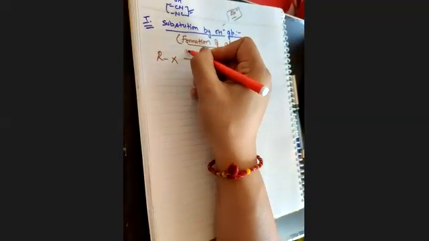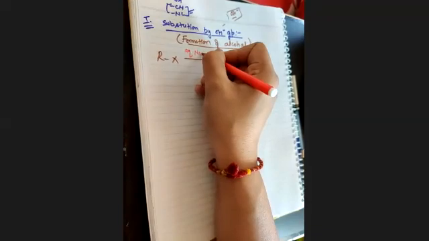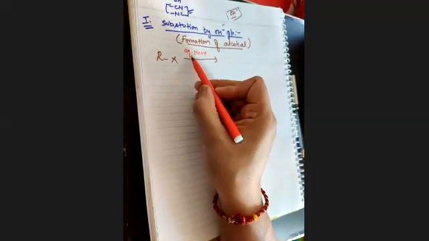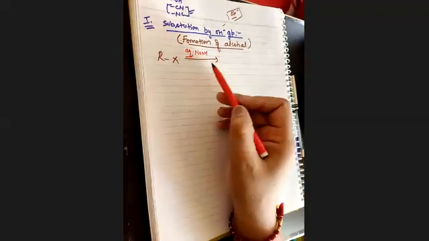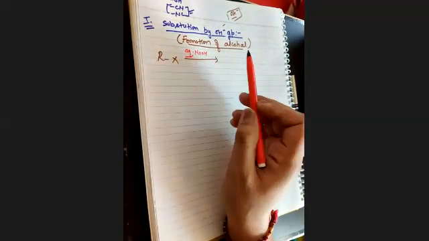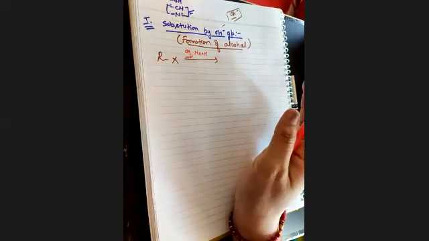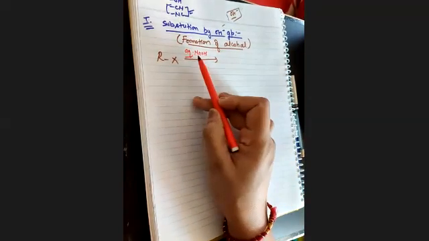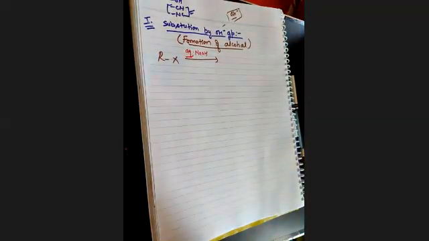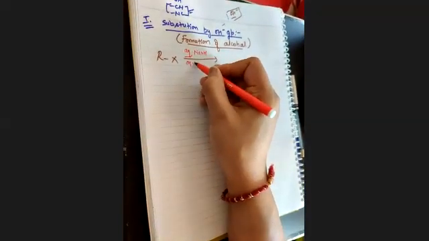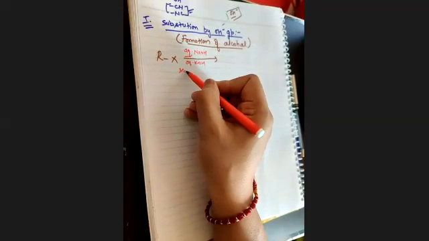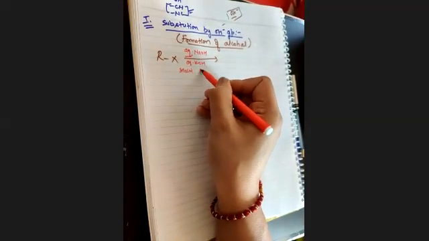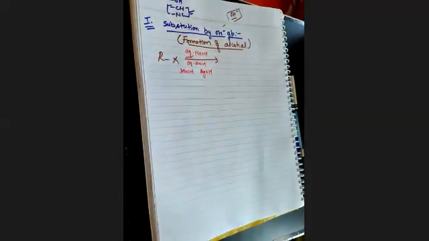Number one, aqueous NaOH. This word aqueous carries 1 mark. If you don't write aqueous above the equation or with your compound, this state is actually necessary. Okay, aqueous KOH, moist AgOH.